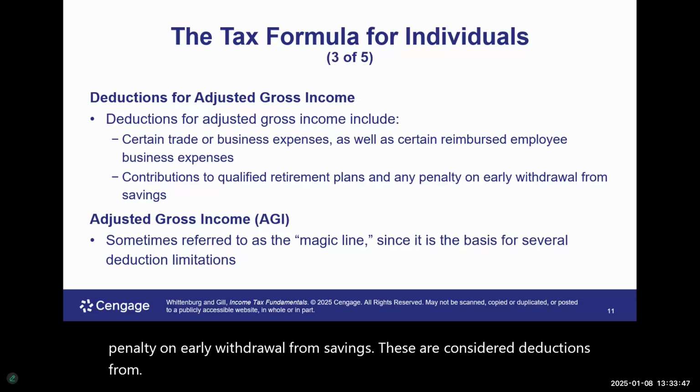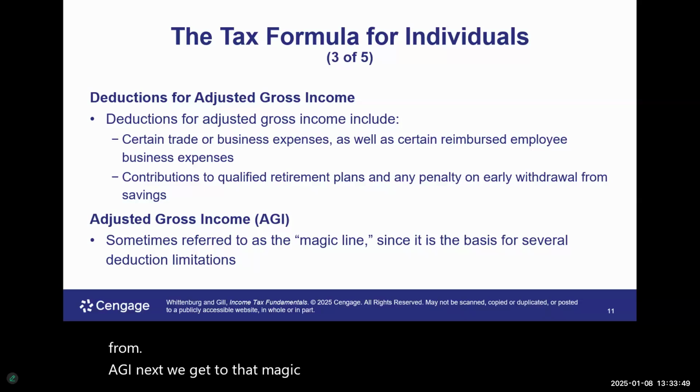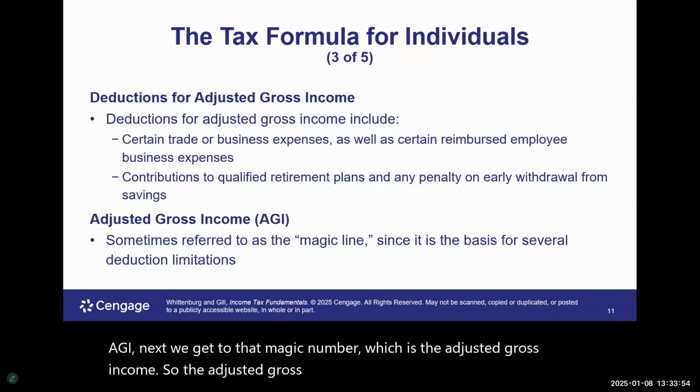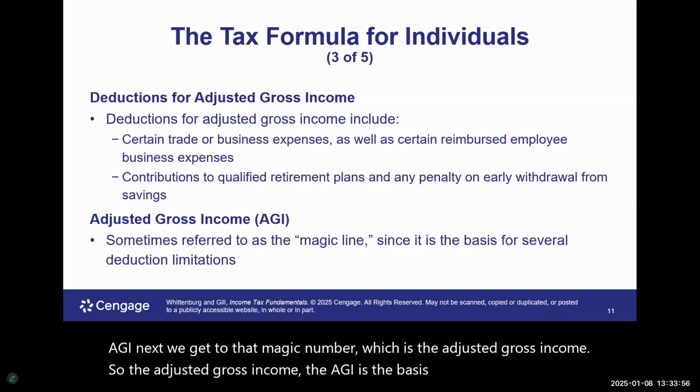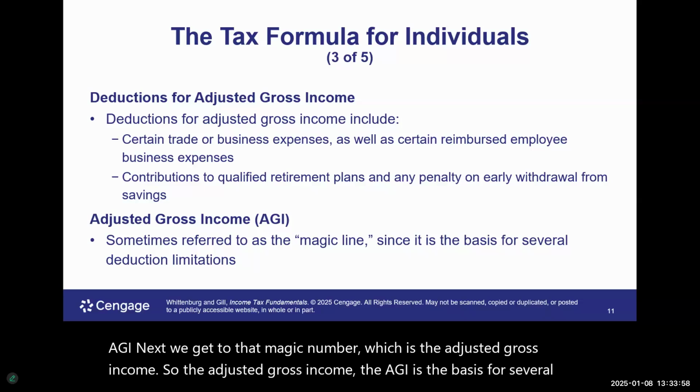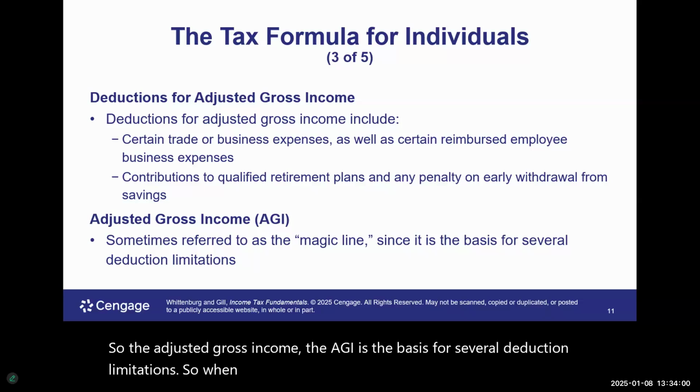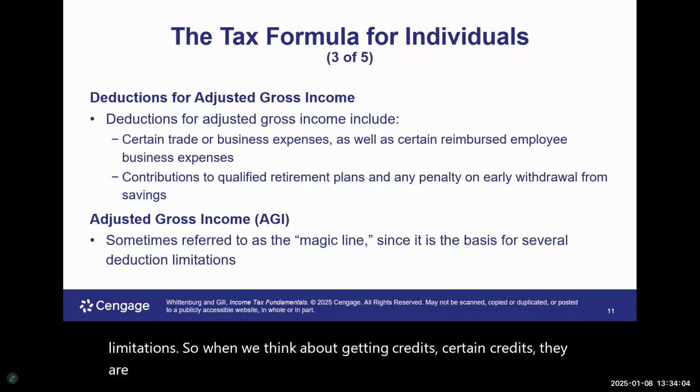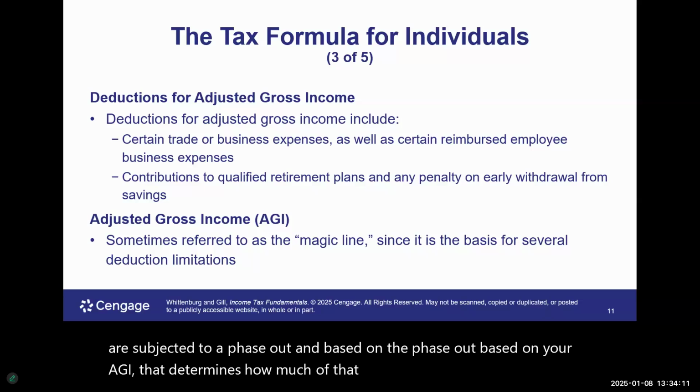Next, we get to that magic number, which is the adjusted gross income. The adjusted gross income, the AGI, is the basis for several deduction limitations. So when we think about getting certain credits, they are subjected to a phase out. And based on your AGI, that determines how much of that credit is going to phase out.